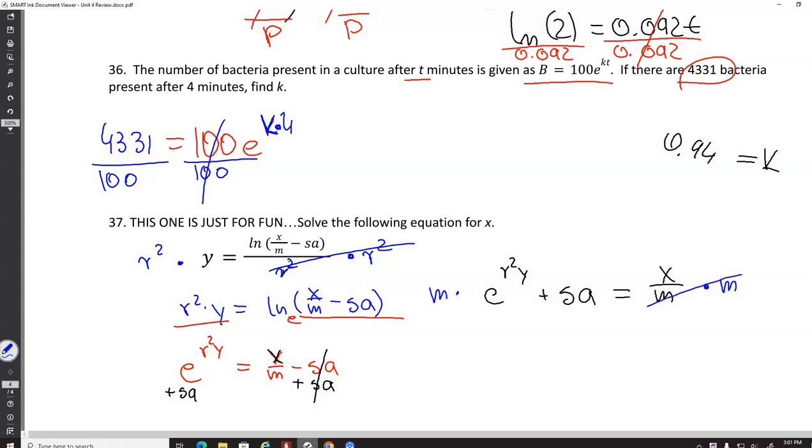So this will cancel out, and then I'm gonna have m times e raised to r squared y plus SA equals x. And that is my final answer. Now, you can also rearrange some letters in any other way, but this is your final answer.